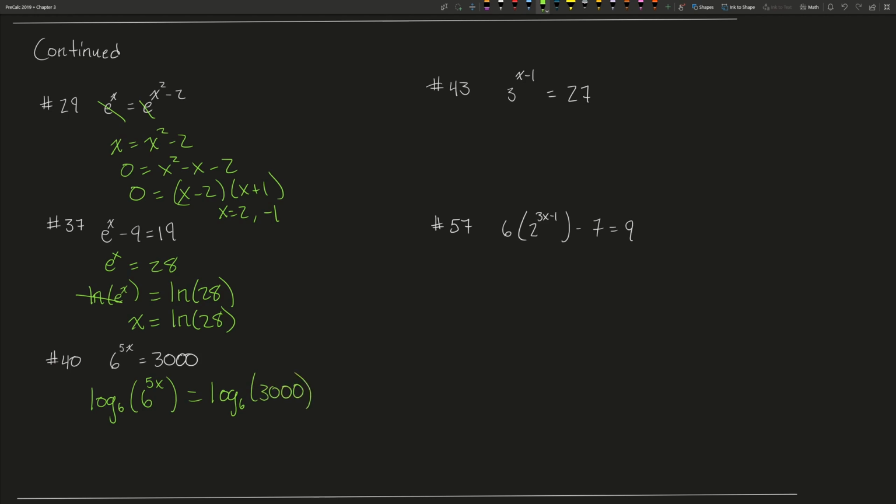This log base 6 and the base of 6 cancel, so 5x will equal log base 6 of 3,000. And then divide by 5 on both sides. So x will equal log base 6 of 3,000 divided by 5.